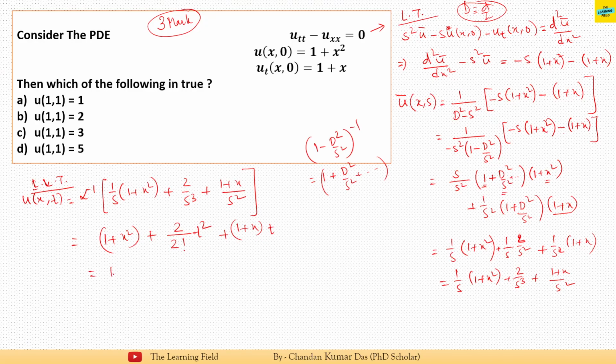So this is equal to 1 plus x squared plus t squared plus 1 plus x into t.